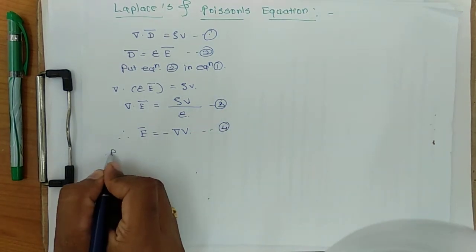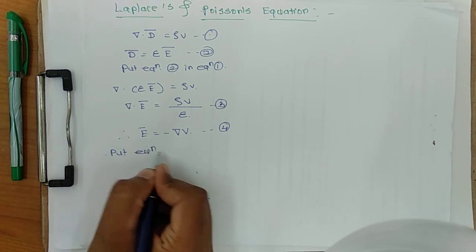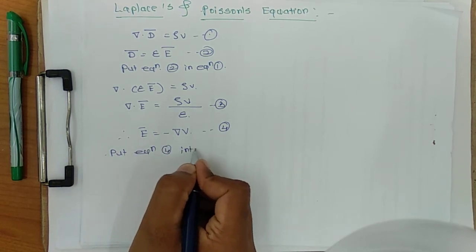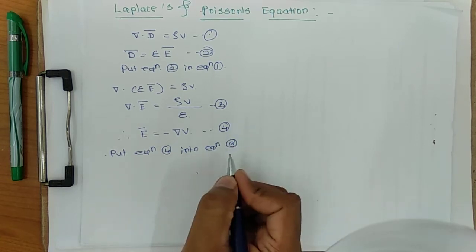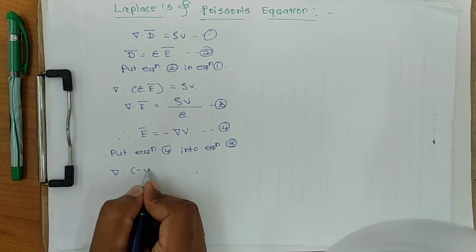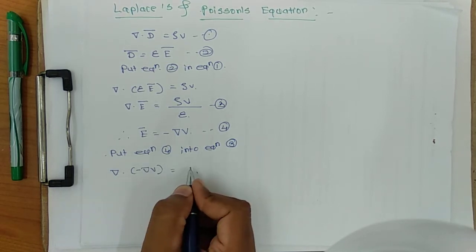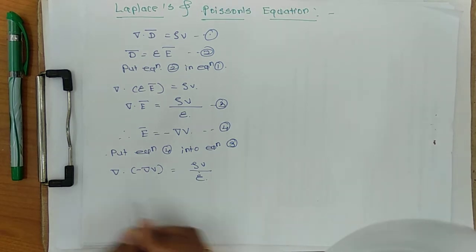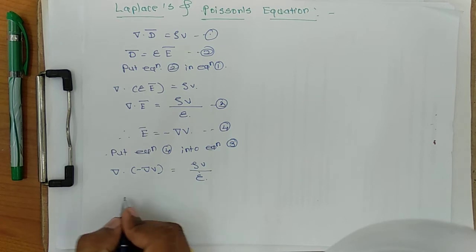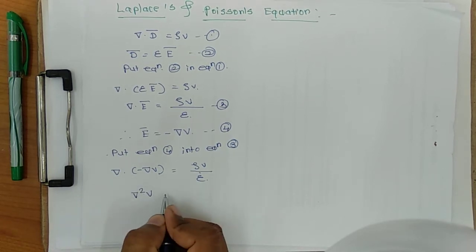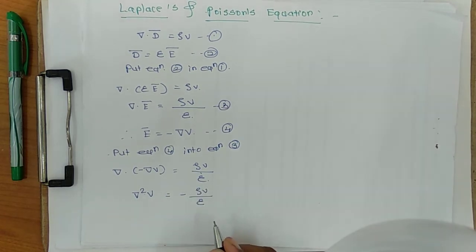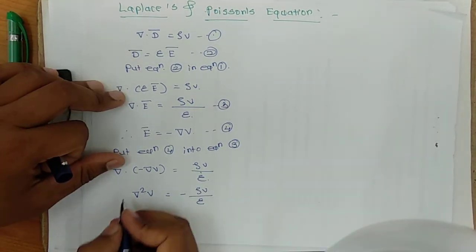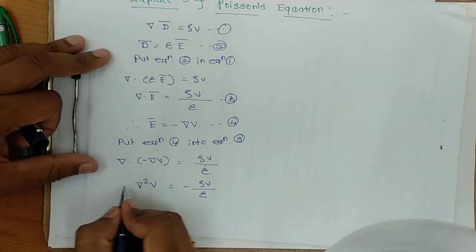Put equation 4 into equation 3. So del dot minus del v is equal to rho v by epsilon. I will take this minus sign to the right hand side, and del dot del, that is del square v, is equal to minus rho v divided by epsilon. And this is your Poisson's equation.